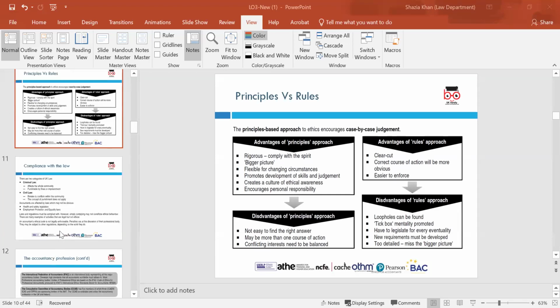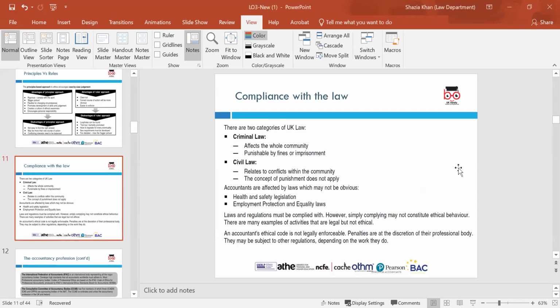So when we go on to looking at complying with the law, there are general principles within different branches of law and the legal system. These principles are often key to the functioning of the legal system and ensure consistency, fairness, and the integrity of law.